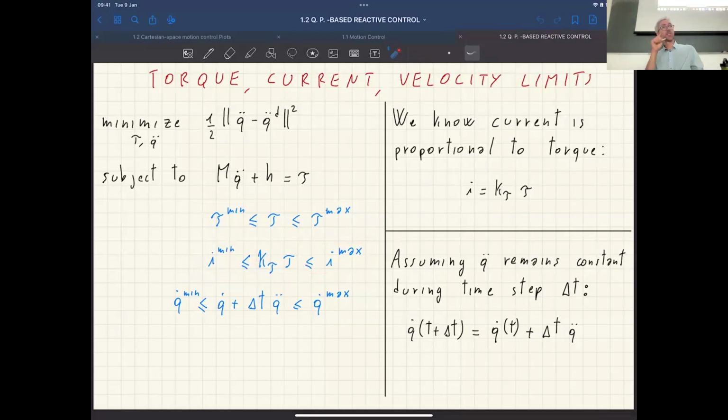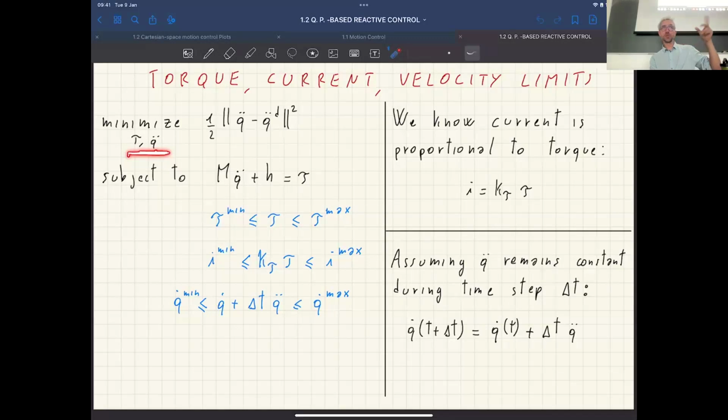And you can also add another kind of constraints, which are joint velocity limits. Electric motors have bounded torque, and they also have bounded velocity. And that you can read in the data sheet. Velocity constraints are a bit trickier to add, because velocity is not a decision variable of the problem. You only have torques and accelerations.